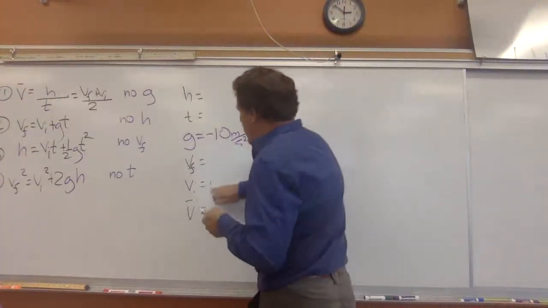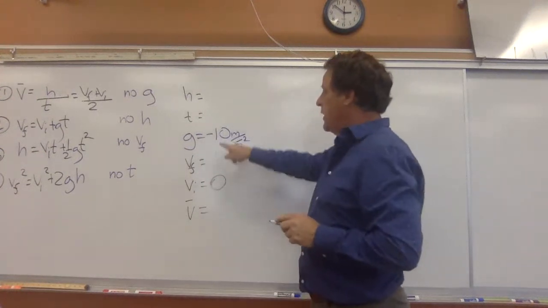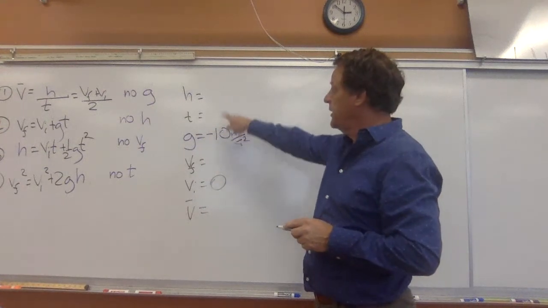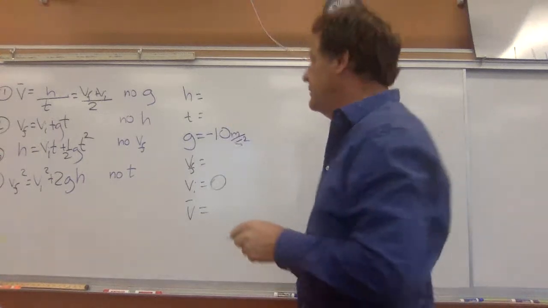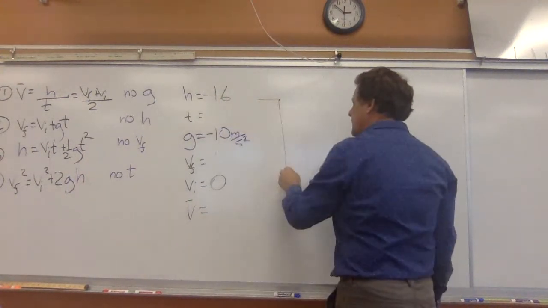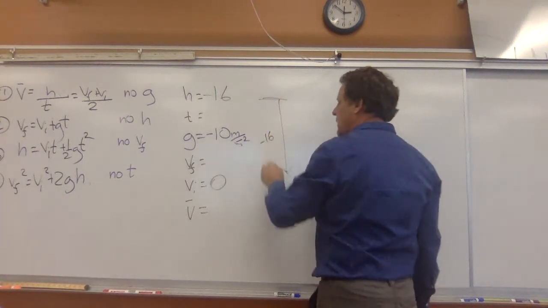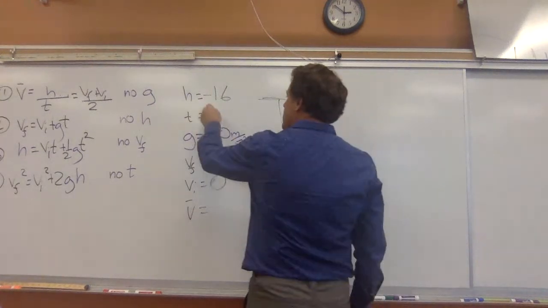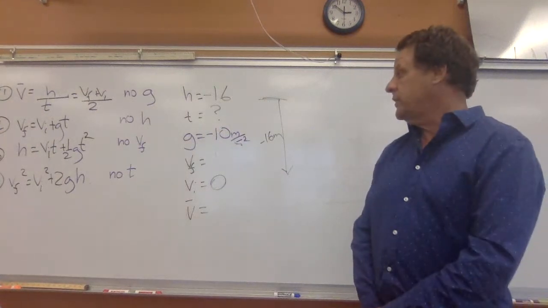Okay, so we know that our initial velocity is 0 because we dropped it. We know because it's dropping, its acceleration is negative 10 meters per second squared. And now we know the height is going to be 16. But because it dropped, it actually went negative 16 meters. And this time we want to know what the time is.